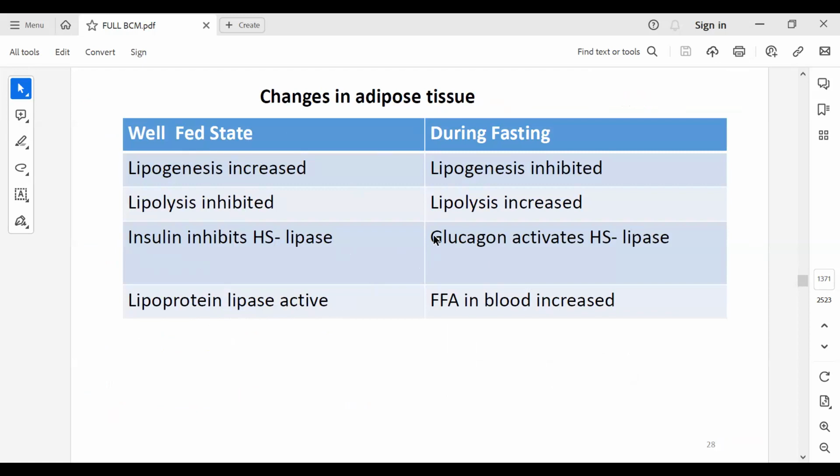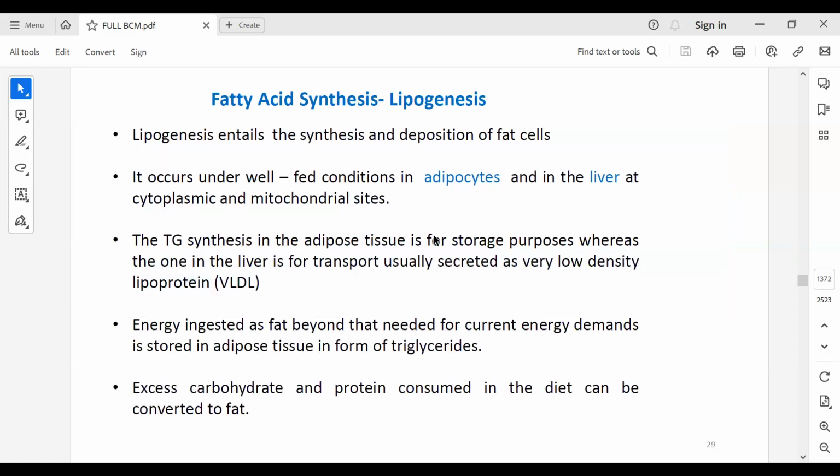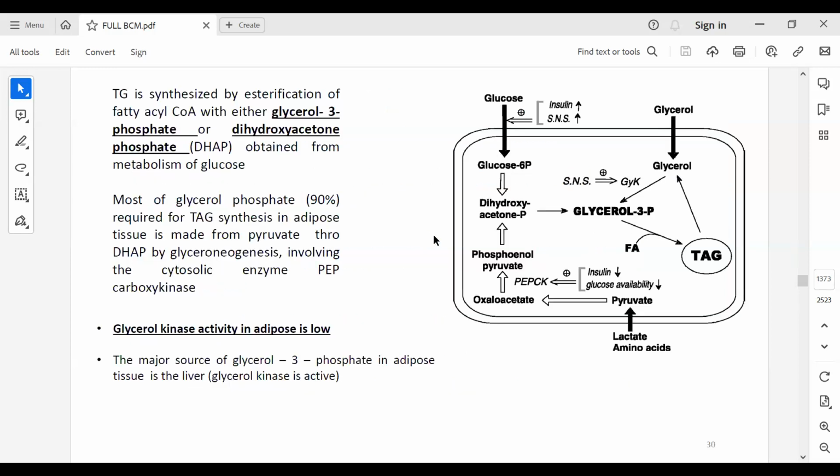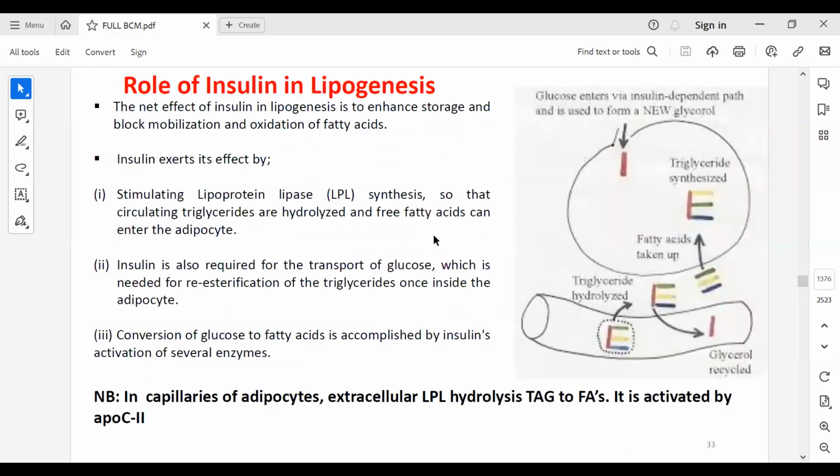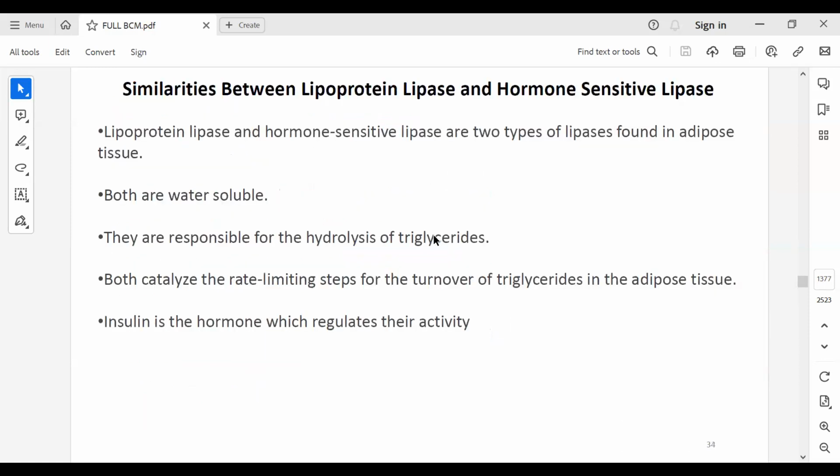But during fasting, lipogenesis will be inhibited and you'll break down more of the lipids. The hormone sensitive lipase will be activated, and more free fatty acids will appear in the blood. So again, the same thing, hormones playing a role.